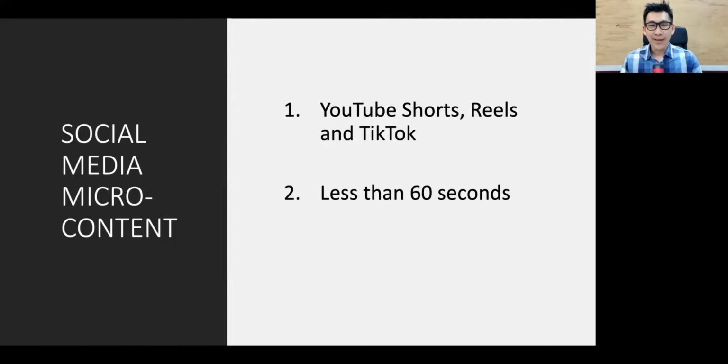Now, with micro content, we can do it easily. I can just put up a camera and record something for 10 to 15 seconds, put it up there, and the next thing I know, I get hundreds or even thousands of views. Micro content is particularly optimized for mobile. It's not supposed to be consumed on desktop or computer, although it can be, but it's not meant to be.